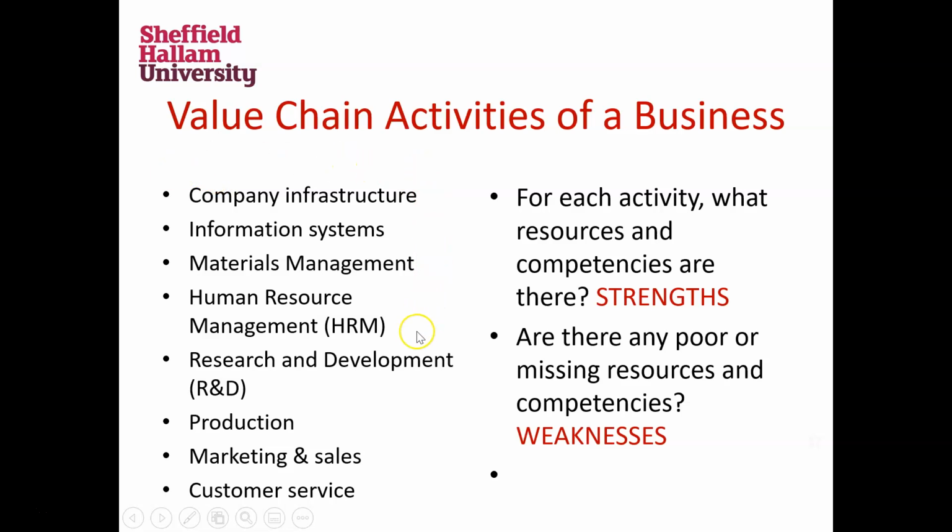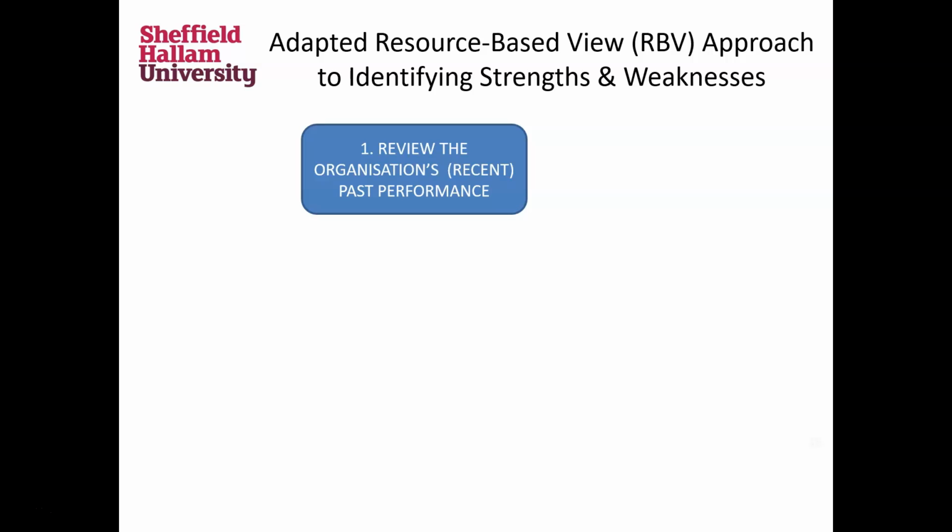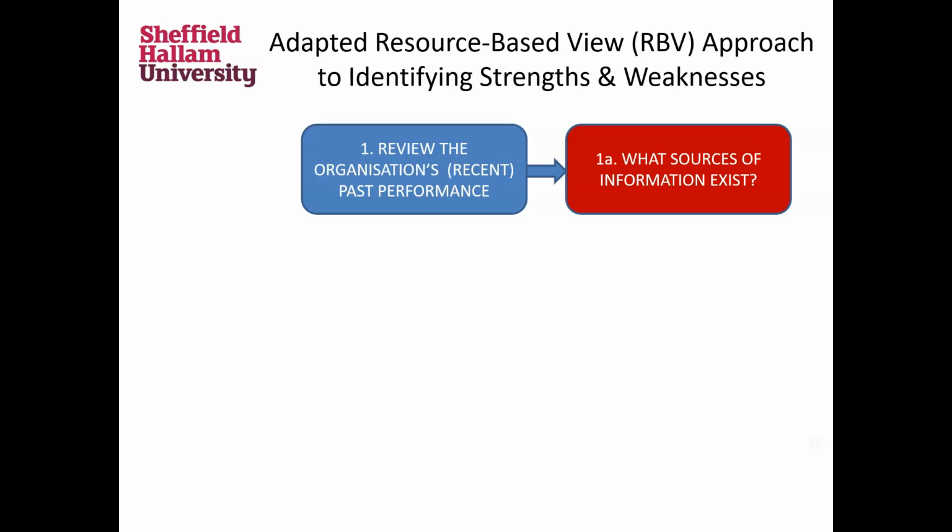And here we have the 4 primary activities. And just as for functional analysis, what we are doing is we are saying for each activity, what resources and competencies are there? This might be the basis of strengths. Is there anything that it doesn't do very well, or are there any missing resources or competencies which we could say are weaknesses?